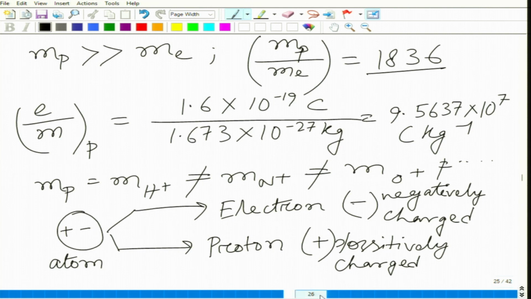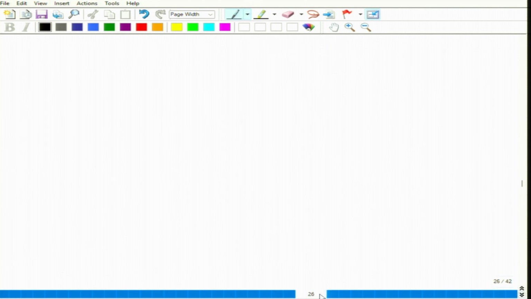Okay, before starting the atomic model, another very important thing is how the charge to mass ratios of the electron and proton compare. What was the charge to mass ratio of an electron?